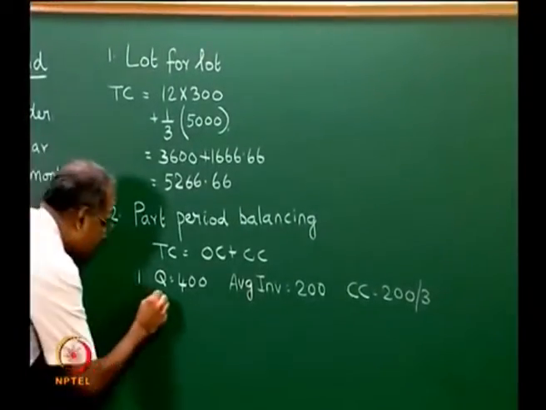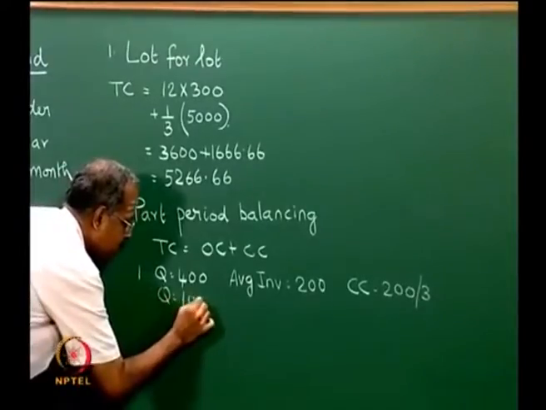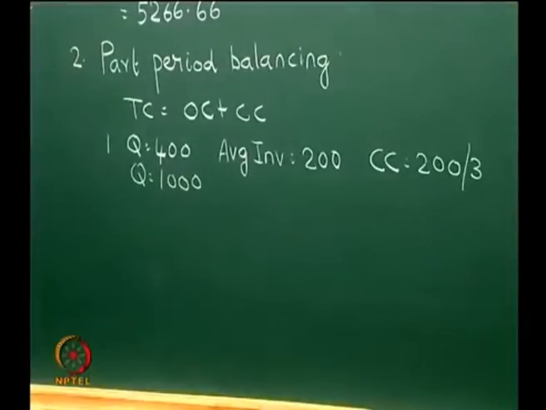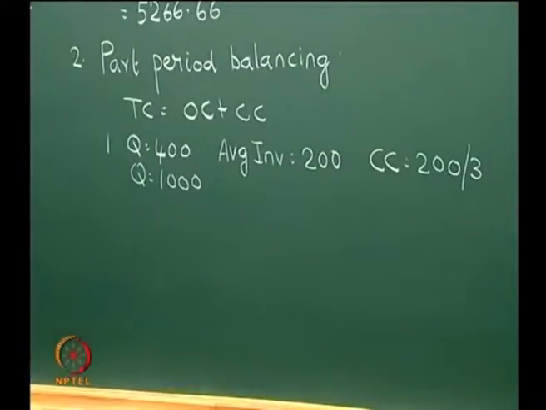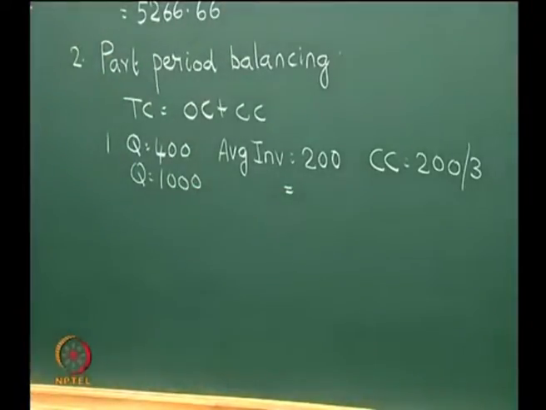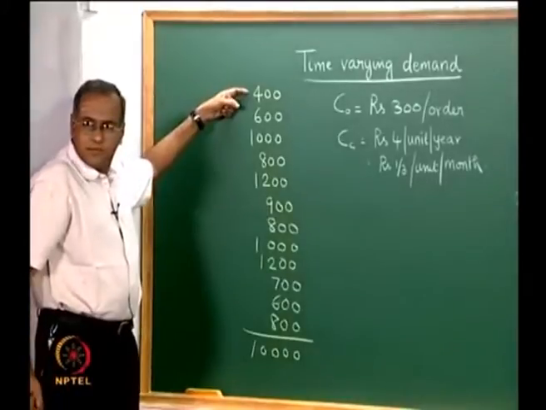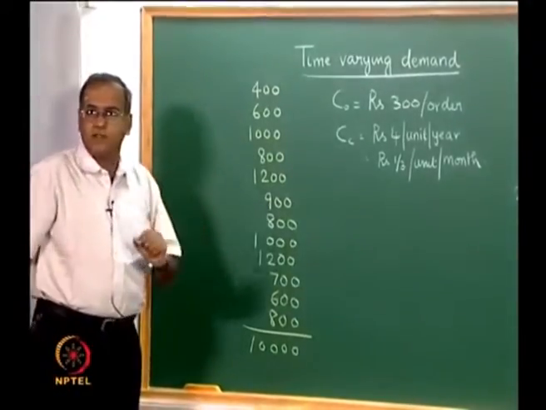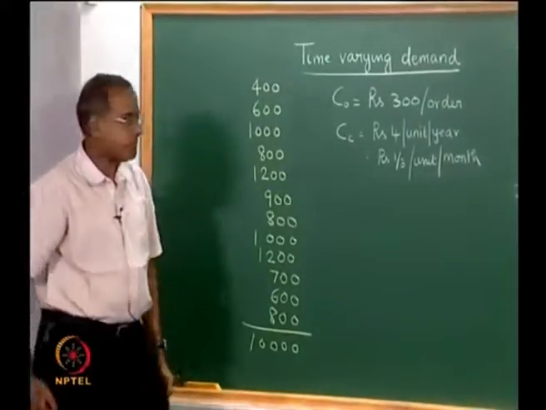If Q equals 1000, which means we are ordering for these two demands, the first month we begin with 1000 and end with 600, so the average inventory is 800.